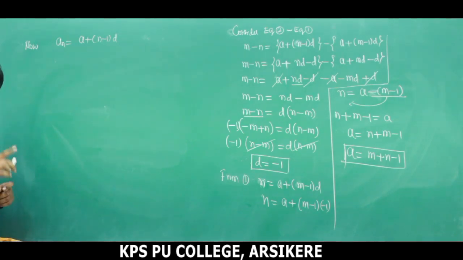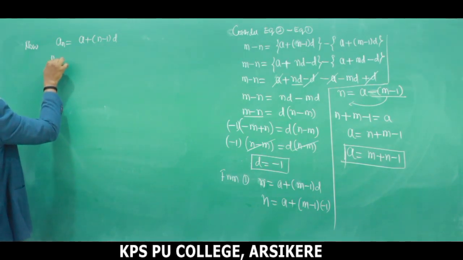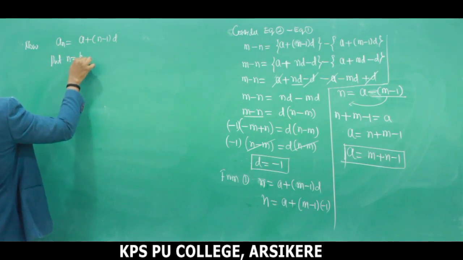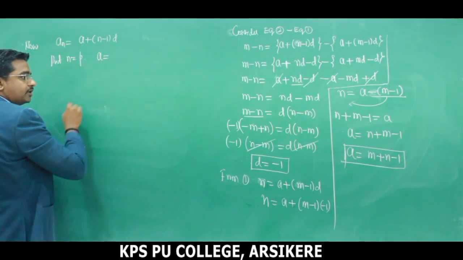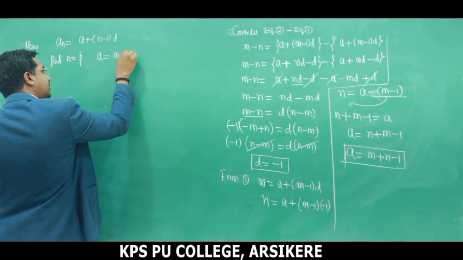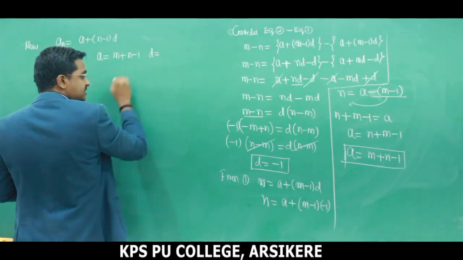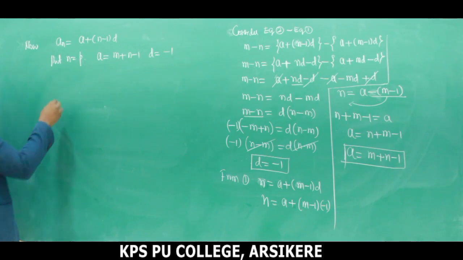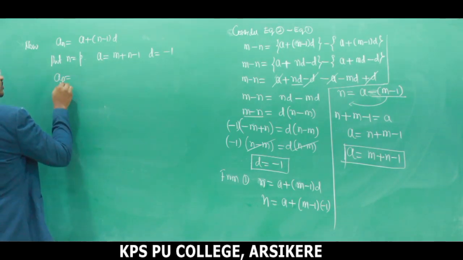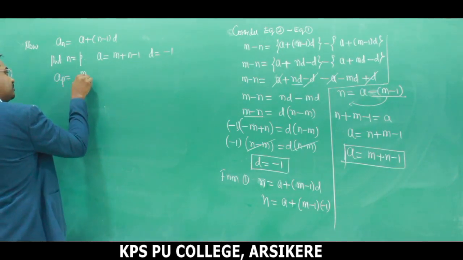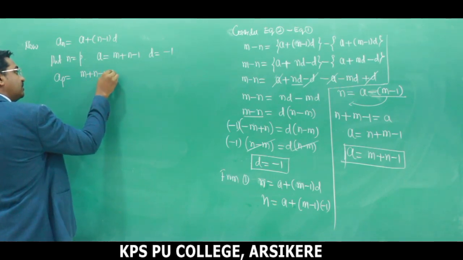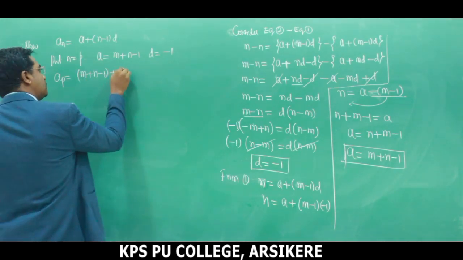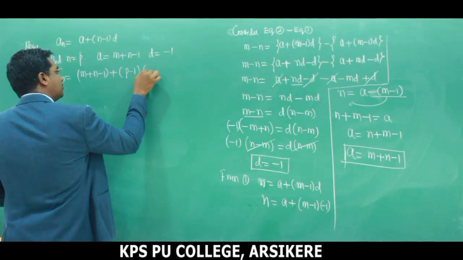So here we need to find the pth term, so put n is equal to p. a is equal to what you obtained here, m plus n minus 1, and the common difference d is equal to minus 1. Substituting in the formula, ap is equal to m plus n minus 1 plus p minus 1 terms of minus 1.